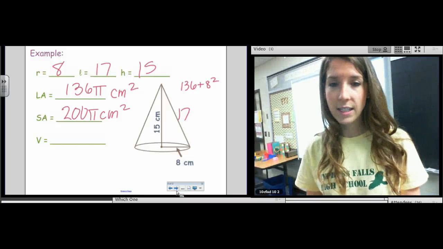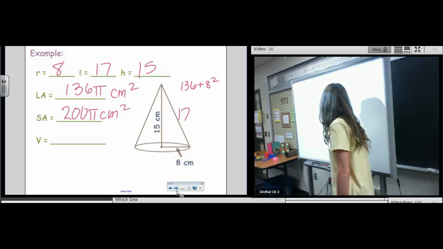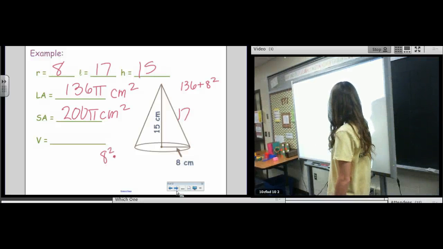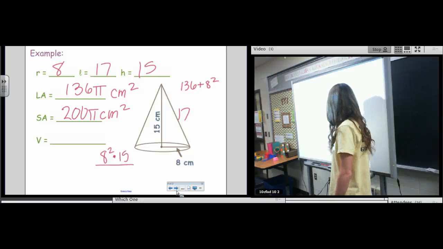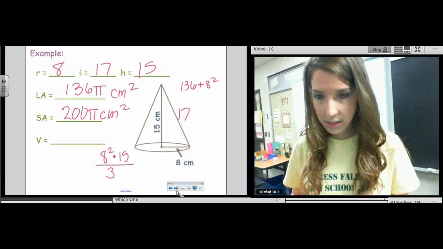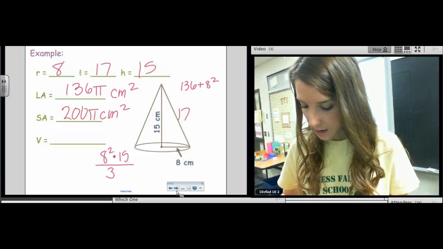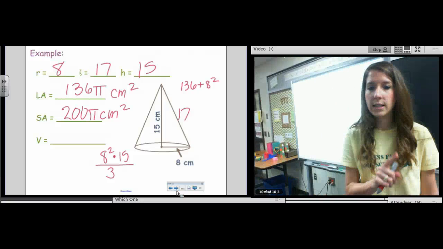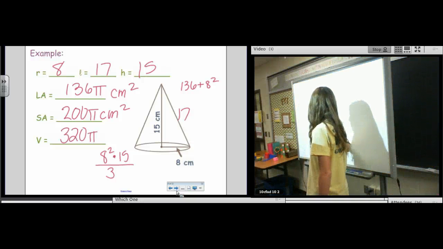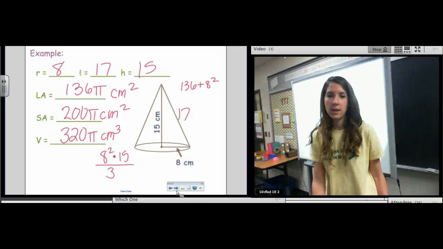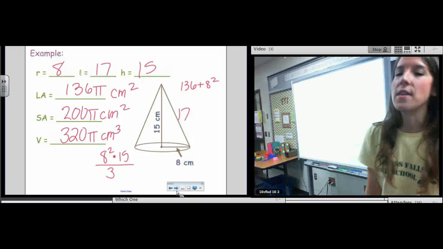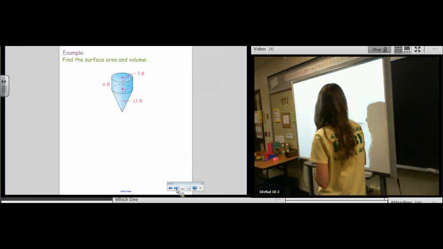Base times height divided by 3. Base, I'm leaving out the pi on purpose, times height divided by 3. 8 squared times 15 divided by 3. And don't forget to eat pie for dessert, so tack the pi on at the end. And that would be cubic centimeters. Good? Okay, that one was straightforward.